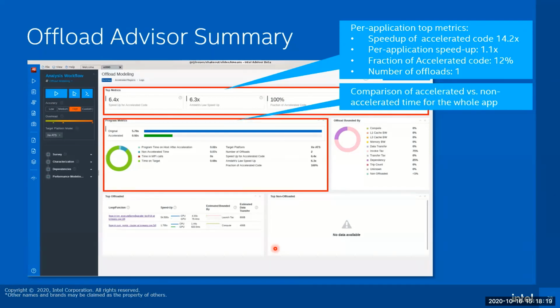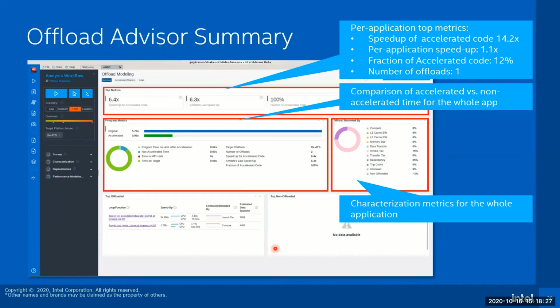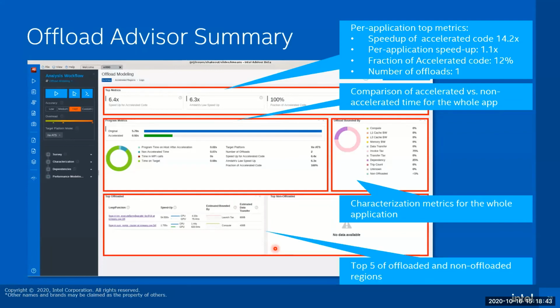Then it will give you the comparison of accelerated versus non-accelerated timings in the application, and some characterization metrics for the whole application in terms of measurement of caches, main memory and things like that.